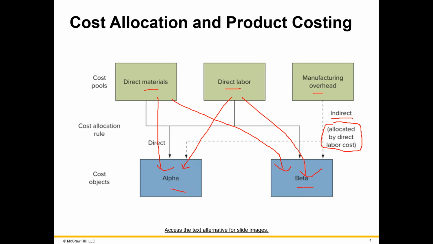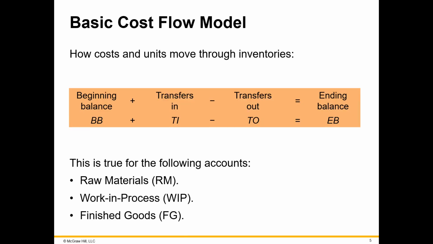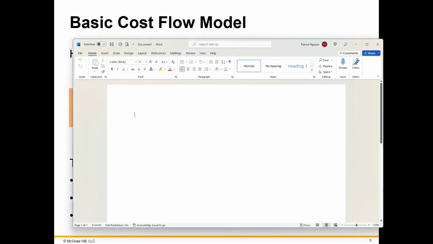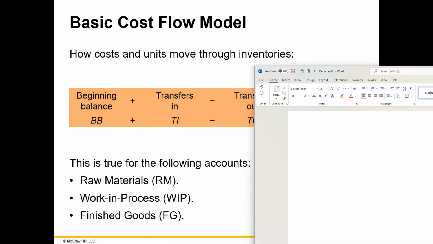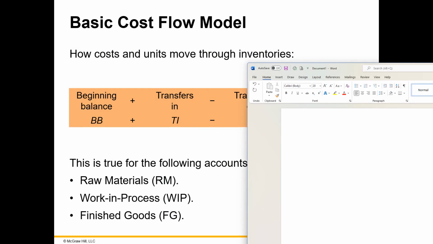Here's an equation that should look fairly familiar to you. This is how costs move through the inventories. They call it the basic cost flow model, but really it's just another iteration of the cost of goods sold equation that we've used in the prior chapters. So remember that in prior chapters we did beginning inventory plus purchases minus cost of goods sold equals ending balance.